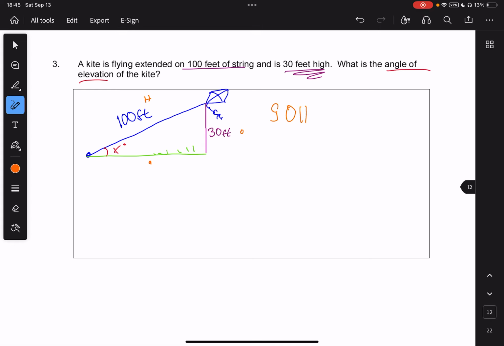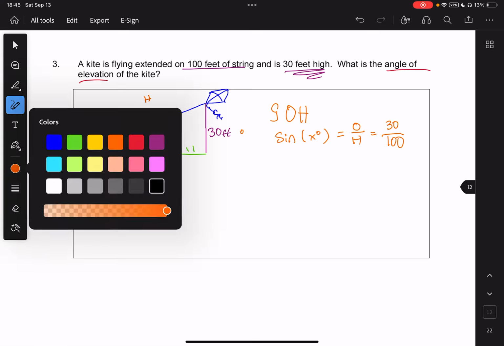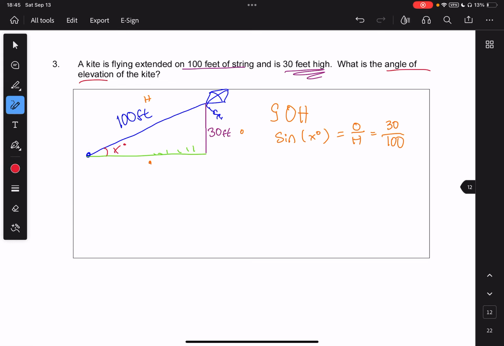So what is it? Sine of our angle, which we don't know, x, is equal to opposite over hypotenuse. Well, what is our opposite? 30. What is our hypotenuse? 100. So remember how we did it before? Sine inverse of 30 over 100 is equal to x degrees.